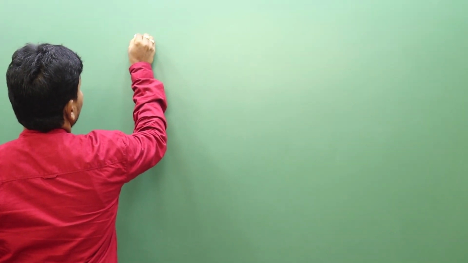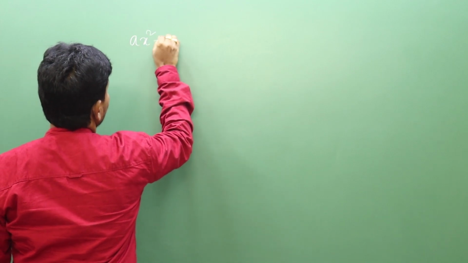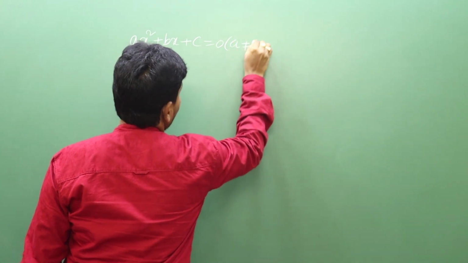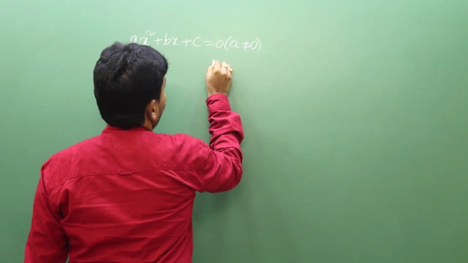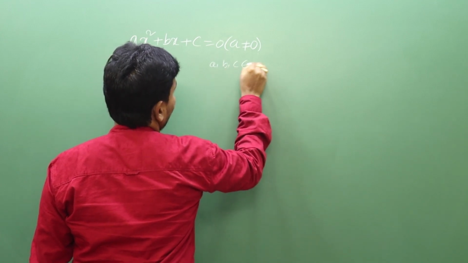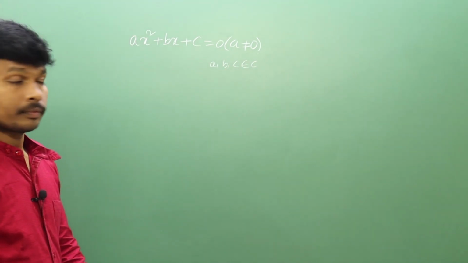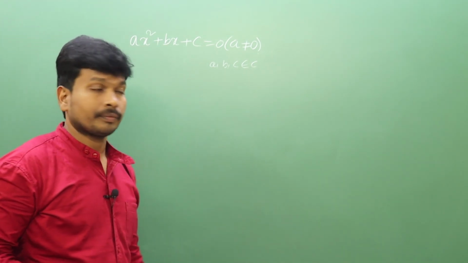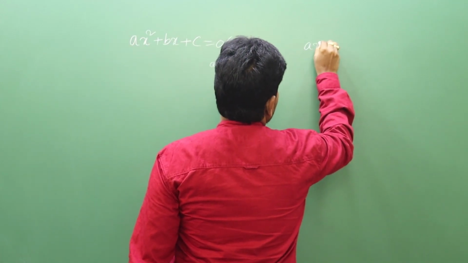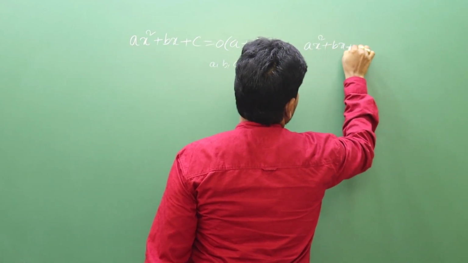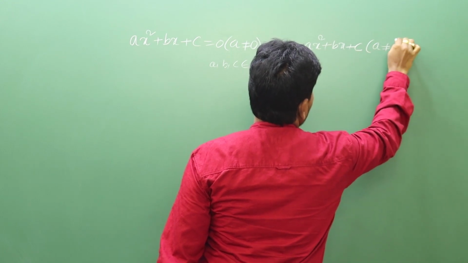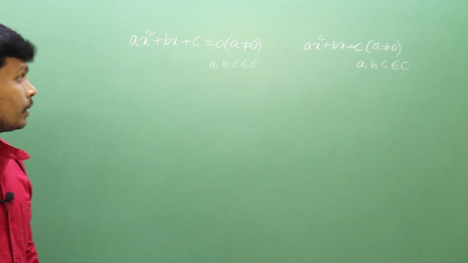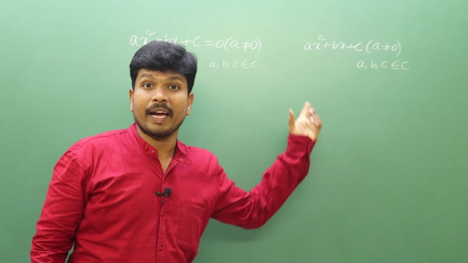The equation in the form ax² + bx + c = 0, a not equal to 0, where a, b, c are complex numbers, is called a quadratic equation in x. ax² + bx + c, where a not equal to 0 and a, b, c belong to C, is called a quadratic expression.